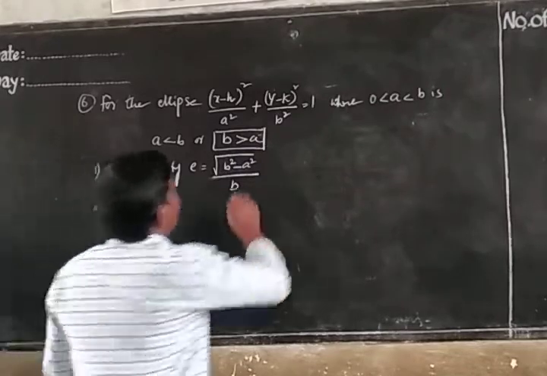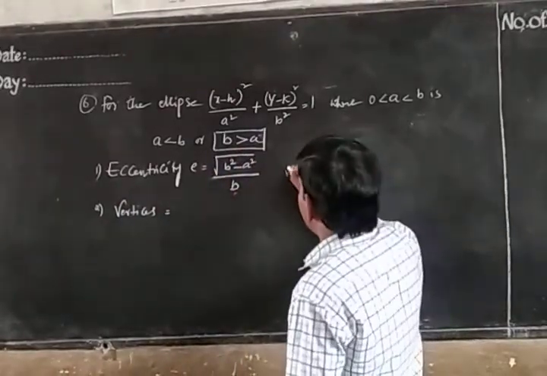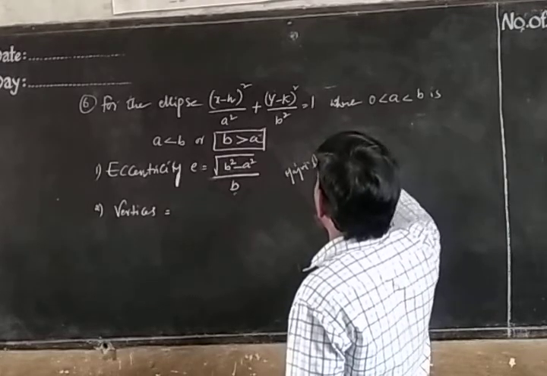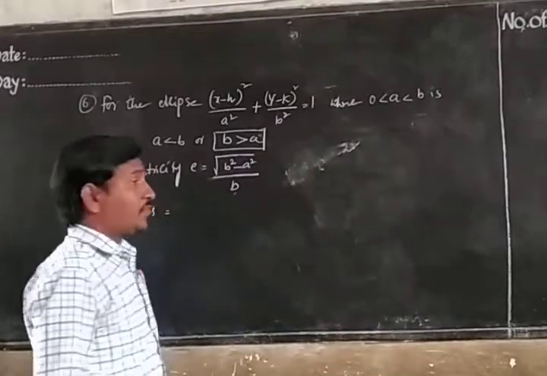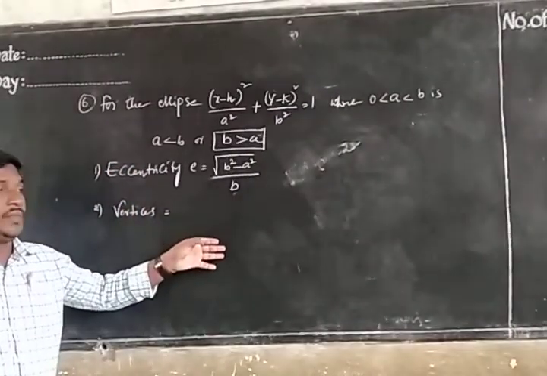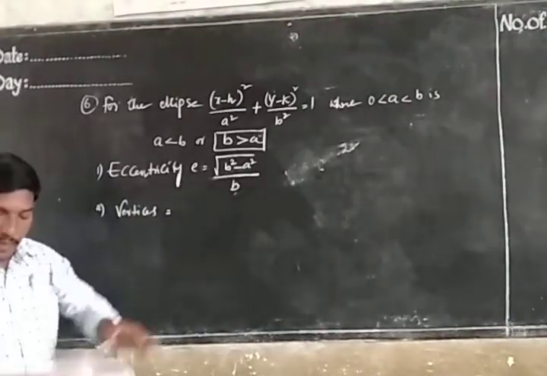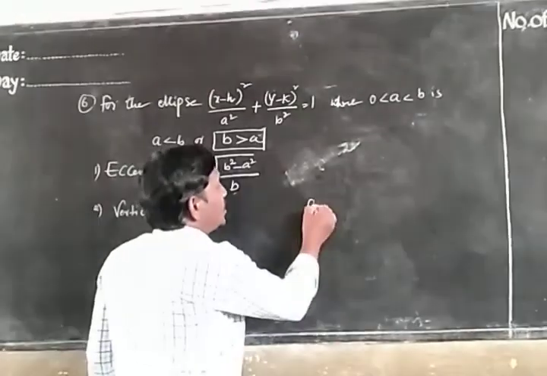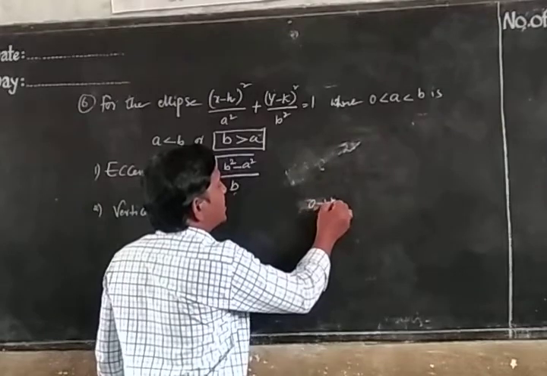Since b greater than a, the major axis is 2b. So h comma k should be added to 0 comma plus or minus b.